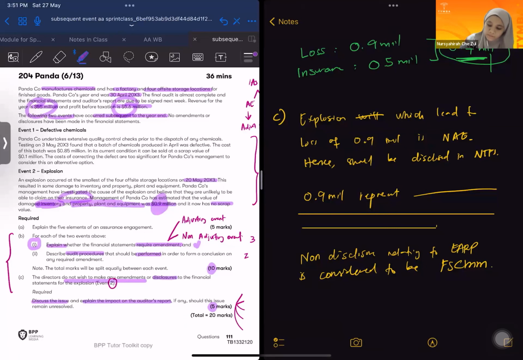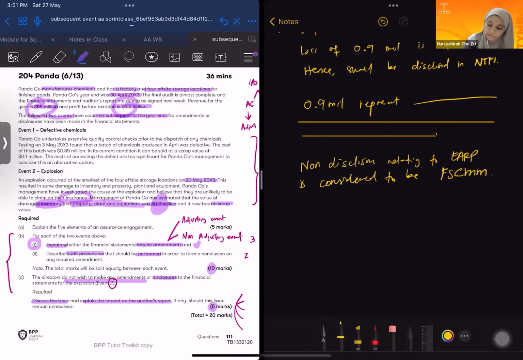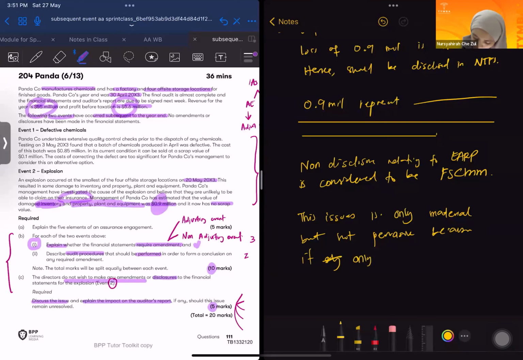After FSMM, what is the status now? Material and pervasive, or material and not pervasive? So this issue is only material but not pervasive, because it only affects disclosure in the FS, and we have to justify that.